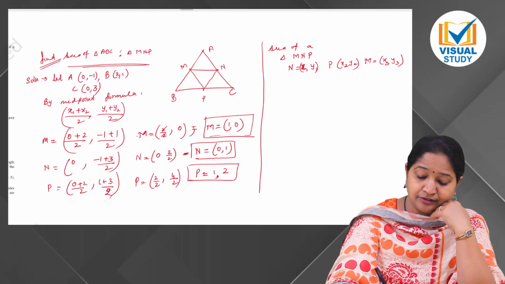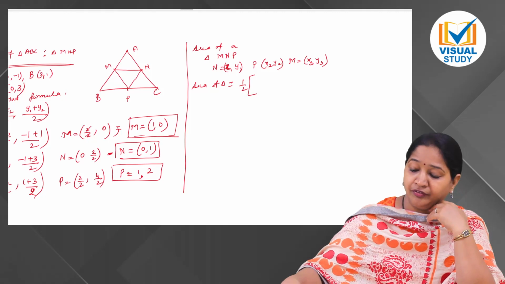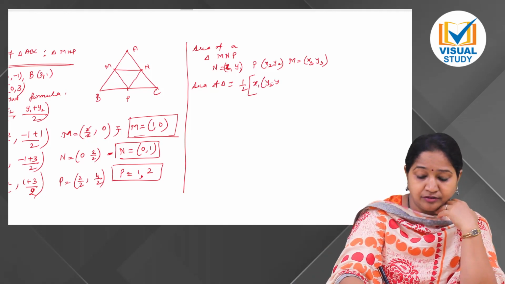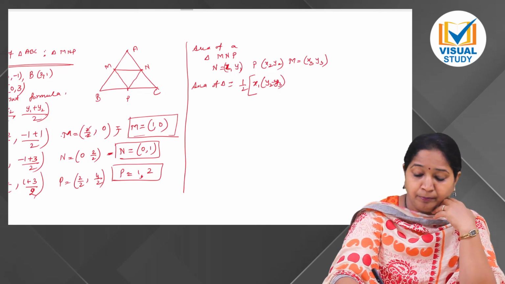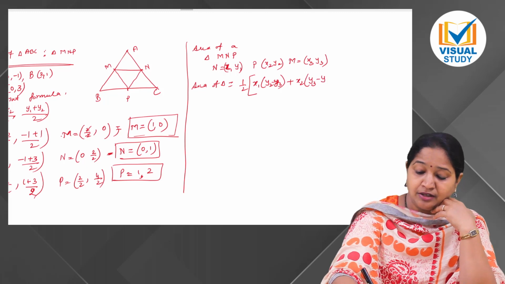Area of triangle is half into x1 times (y2 minus y3) plus x2 times (y3 minus y1) plus x3 times (y1 minus y2).